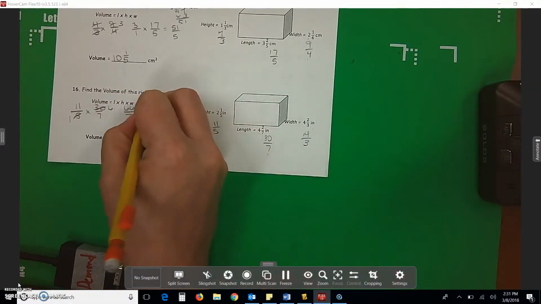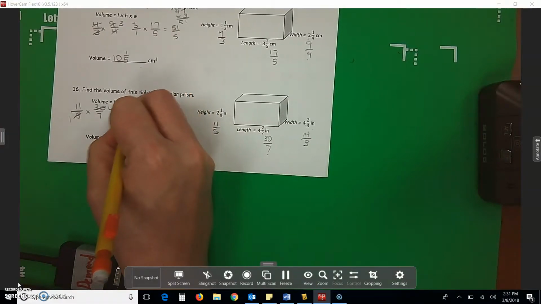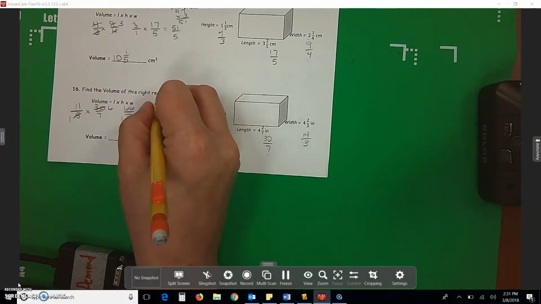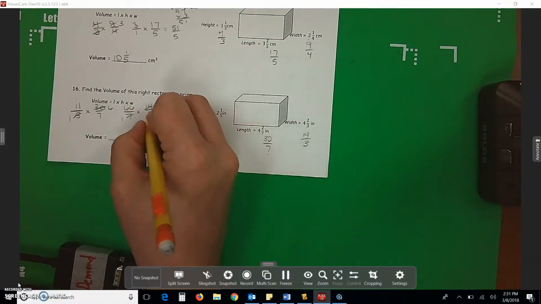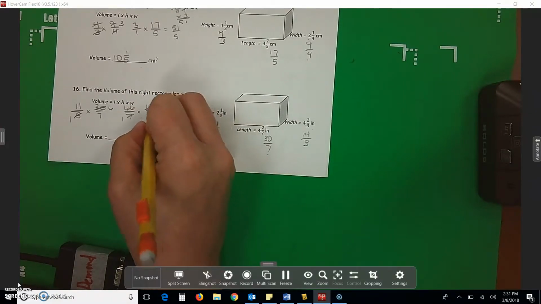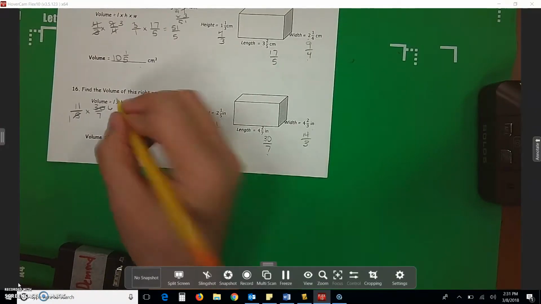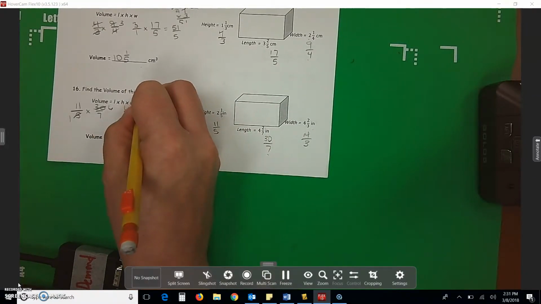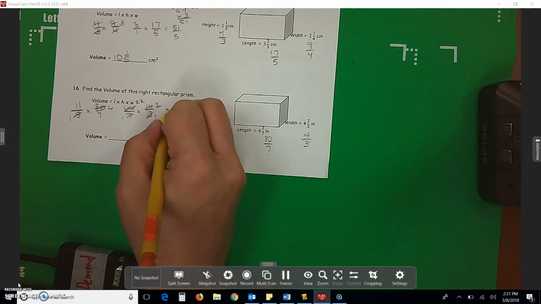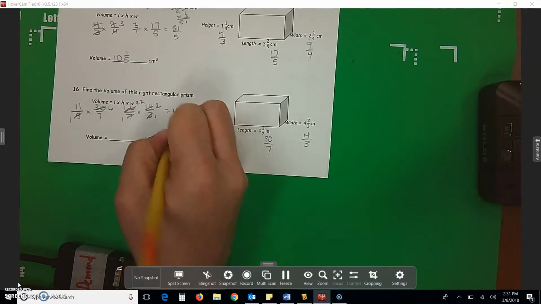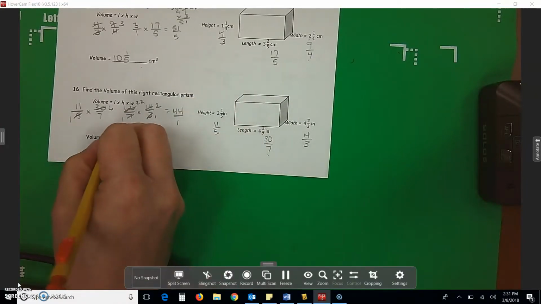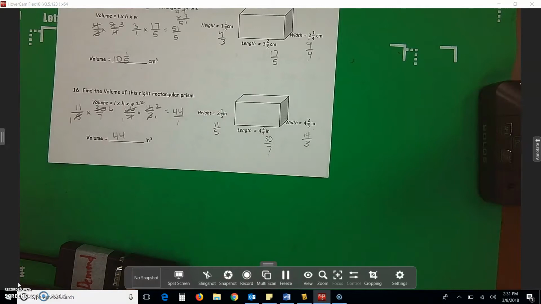And then I've got 14/3. 7 goes into 14. 3 goes into 66. So 3 goes into 6 twice, which makes this a 22. 22 times 2 equals 44, and I only have 1s on the bottom, so this is 44 cubic inches.